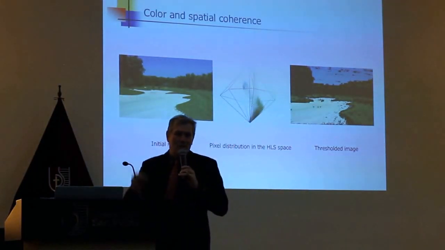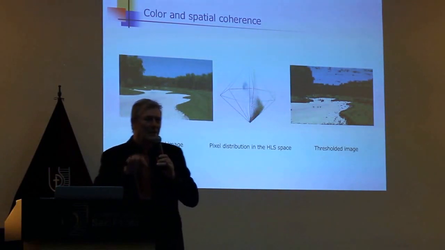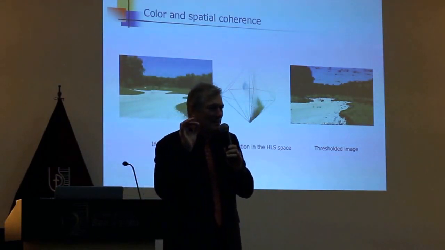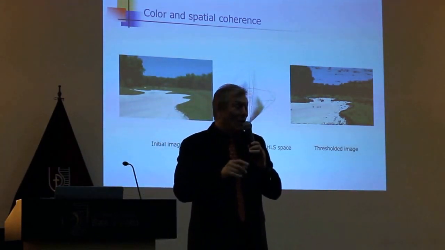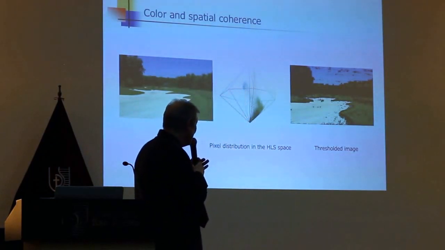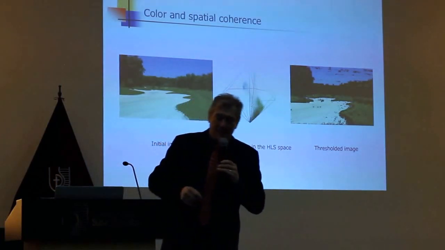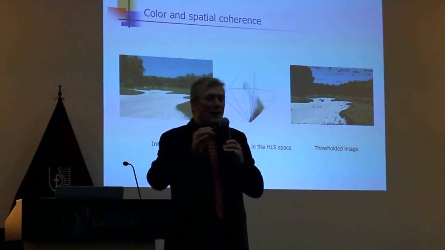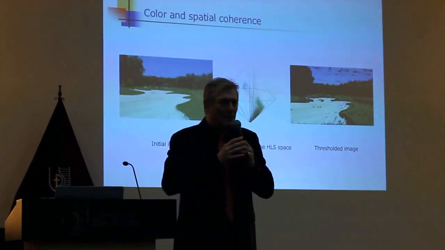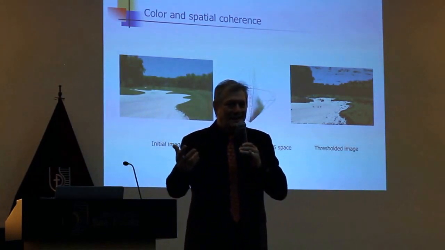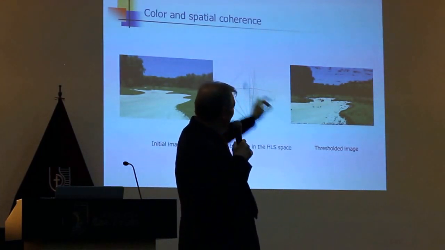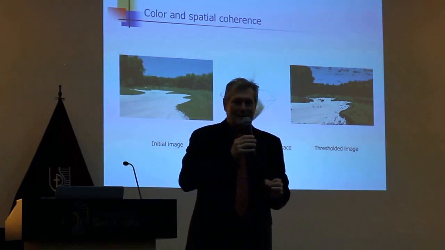And so we just count the occurrence of the pixels in this space. When I find a value of a pixel that is red, green, blue, we transform it into HLS, and we put a value in the HLS space.